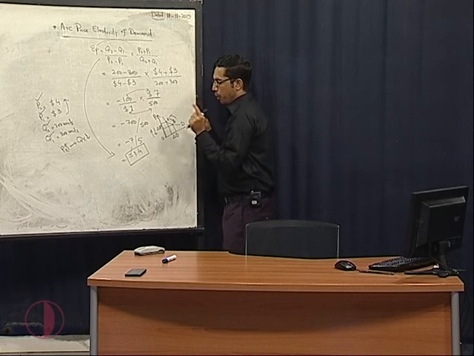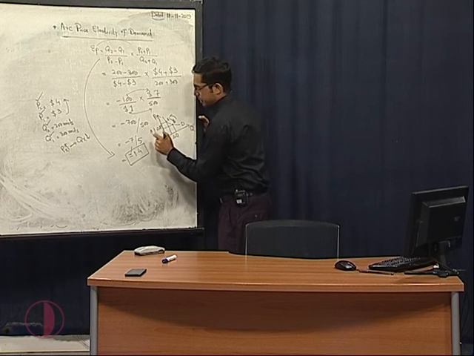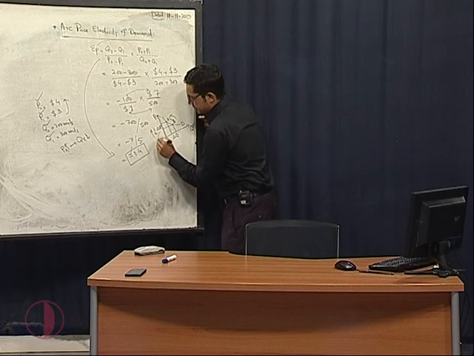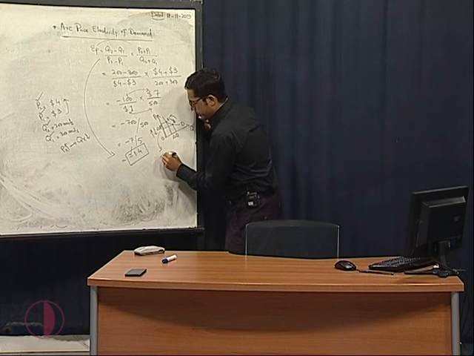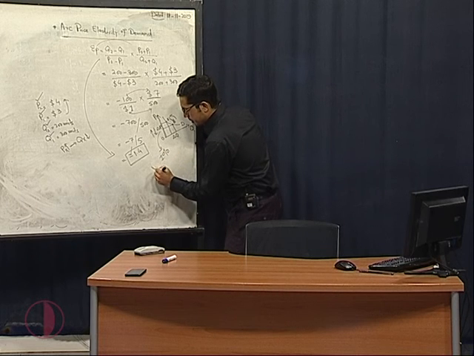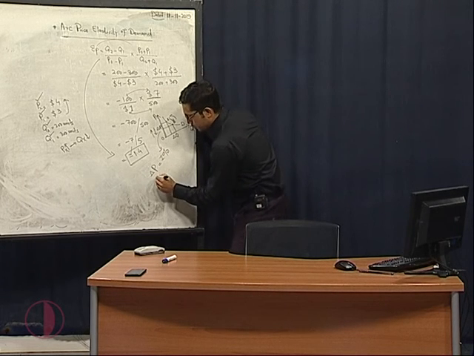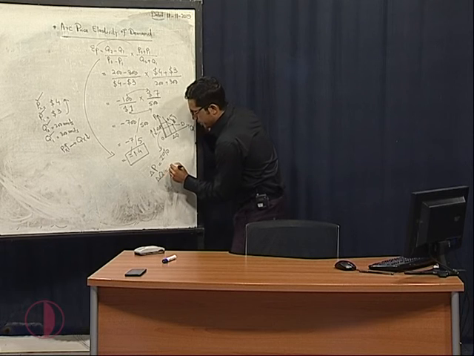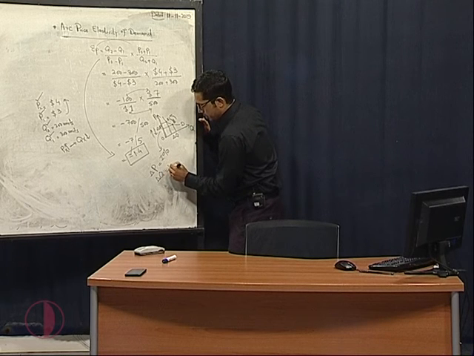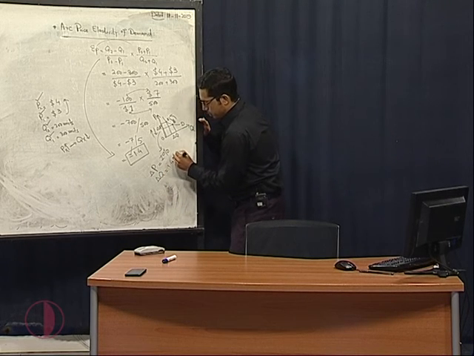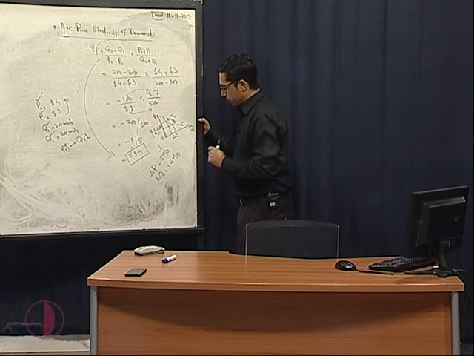If a 1% change in price occurs, if price changes by 1%, it means the change in price is 1%. So the change in quantity demanded will be 1.4%. 1.4% means more than 1%.